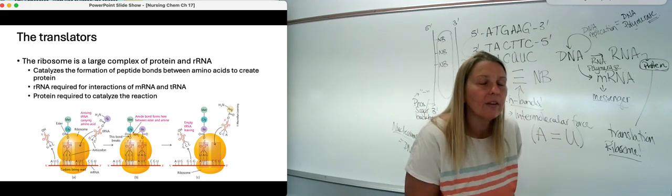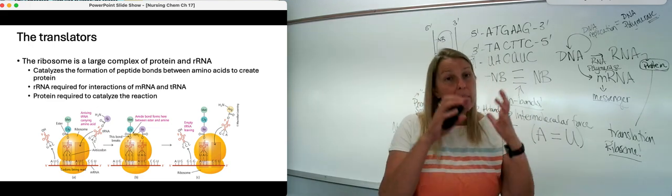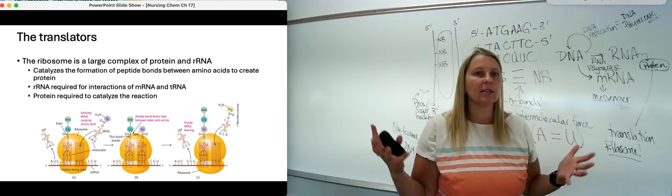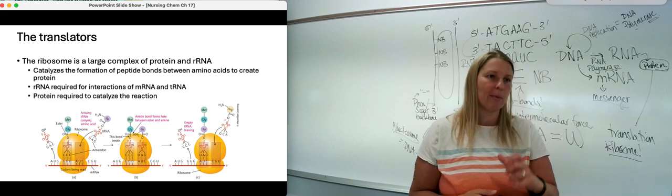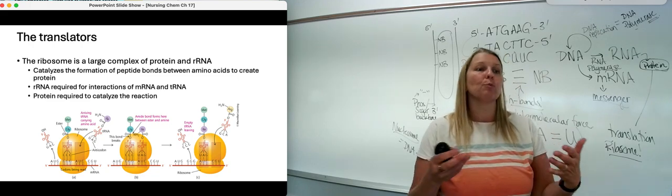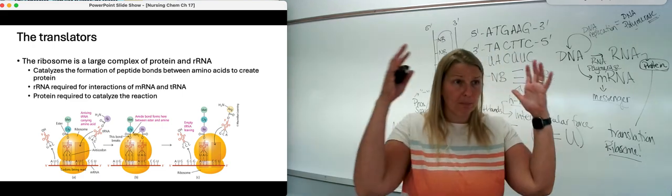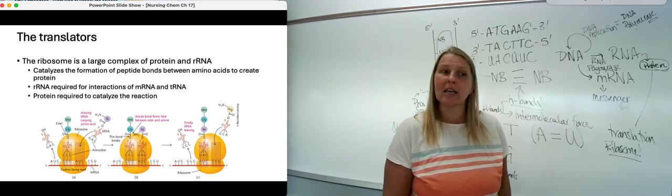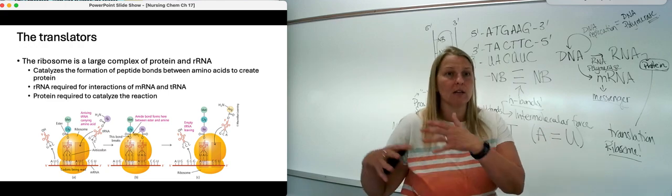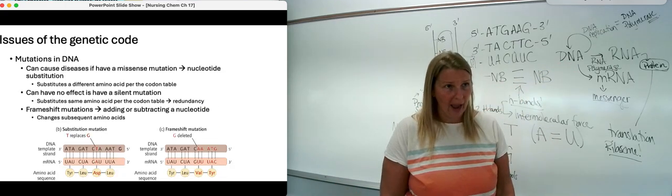Plus you've got protein in there that's an enzyme. So the ribosome is actually a complex, and there's what we call peptidyltransferase enzyme activity to start making those peptide bonds to grow that protein. So it's a large complex structure of protein and different types of RNAs to basically make the protein from the mRNA piece that you have.